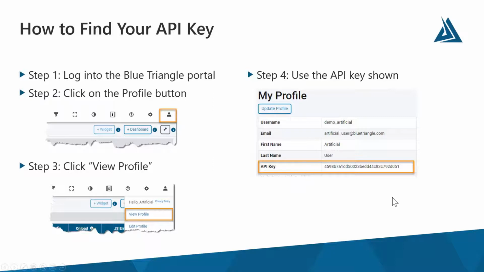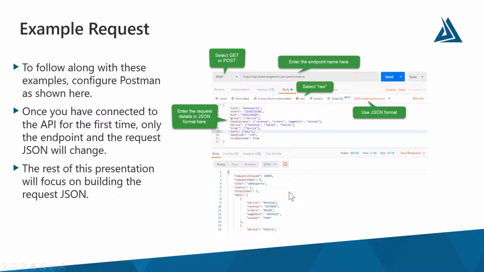So let's show you a basic example request. This is kind of a total overview of what it would look like in Postman. So in Postman, you're going to select your request method. This is a POST to, like I mentioned before, api.bluetriangletech.com/performance.